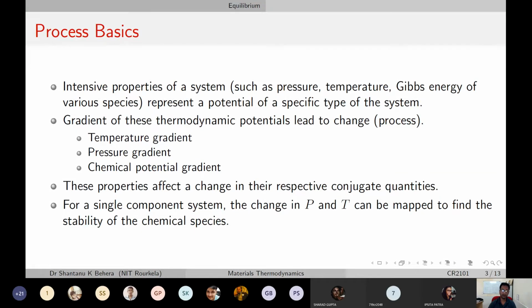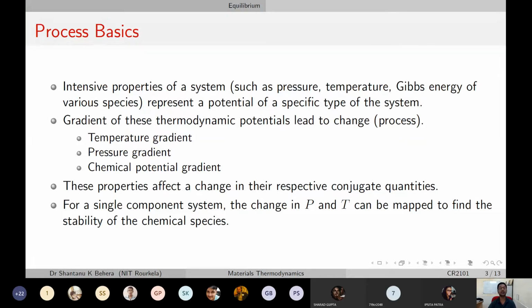And those are pressure and temperature. So I'm sort of bringing it to the bare minimum requirements, in that henceforth for the remainder of this unit, we'll talk about single component systems, where we'll not talk about the different kinds of chemical species.